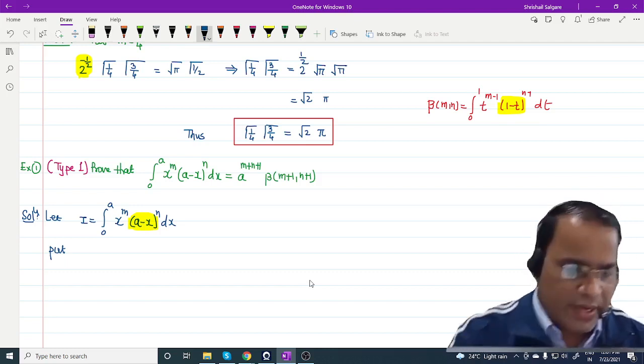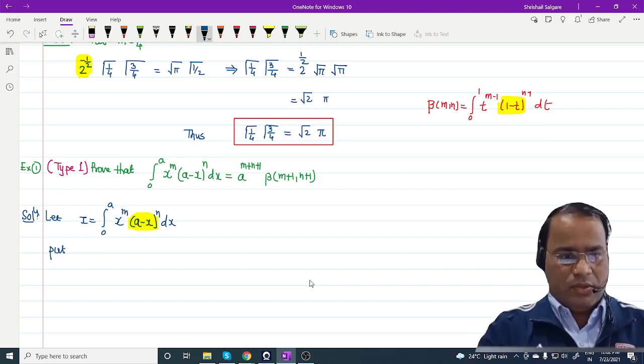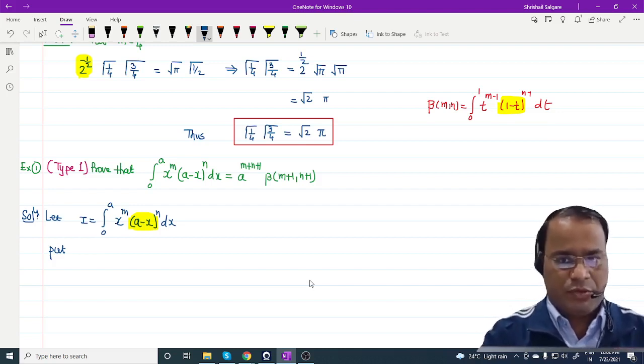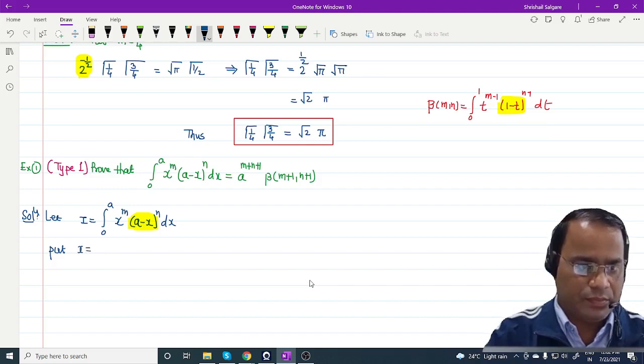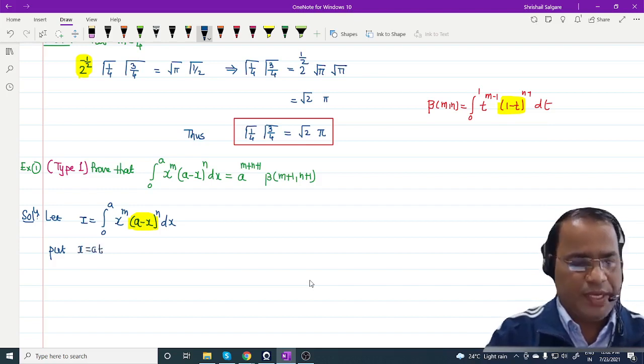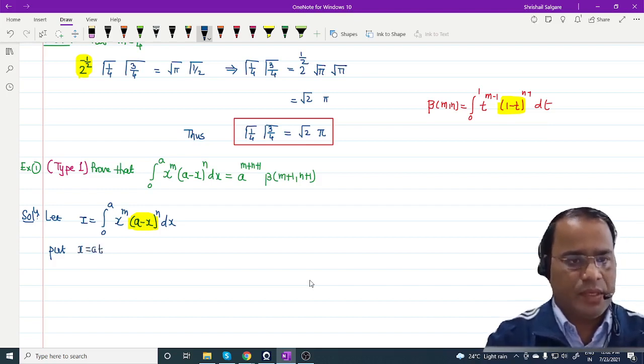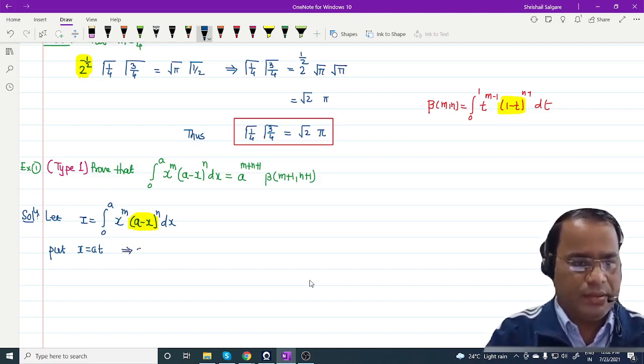So here I required x is equal to 1 or something, a substitution you have to consider. What is the substitution? Put x is equal to a t. Then dx is given by a times dt. Okay, limits.